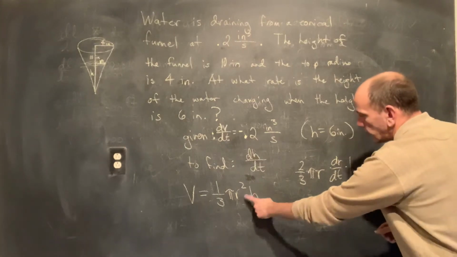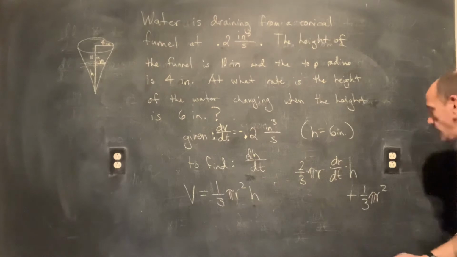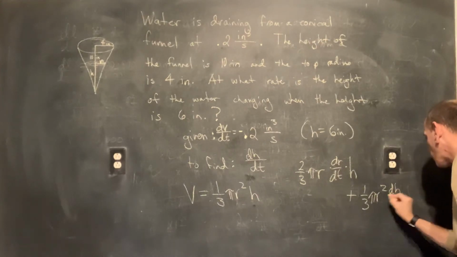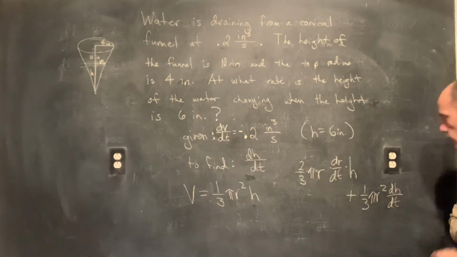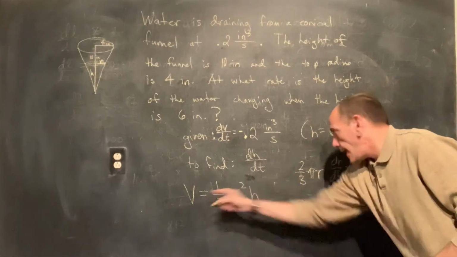Well, the derivative with respect to h is just 1, but then I need to multiply by dh/dt. Chain rule. All right, and on this side I have dV/dt.